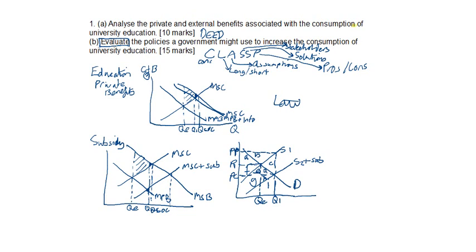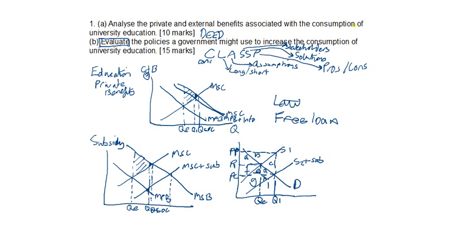Maybe the government could give a free loan. The advantage of this is it effectively makes university potentially cheaper for them, so they can afford it originally.